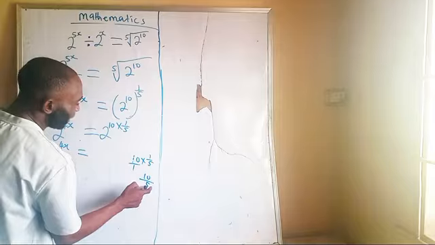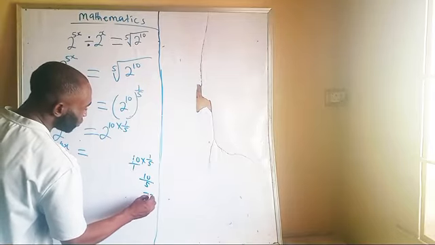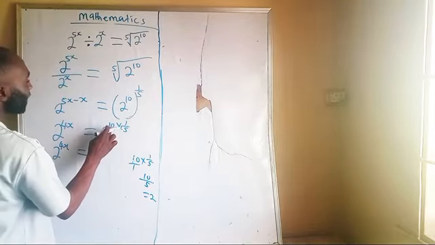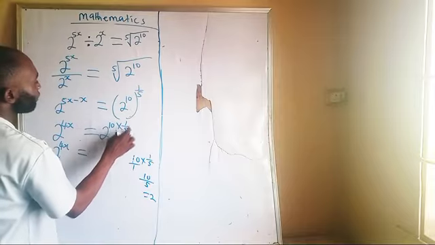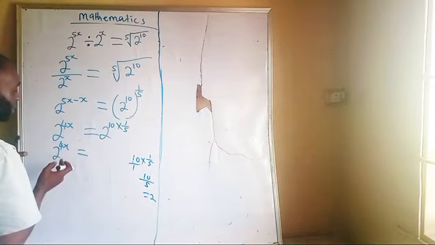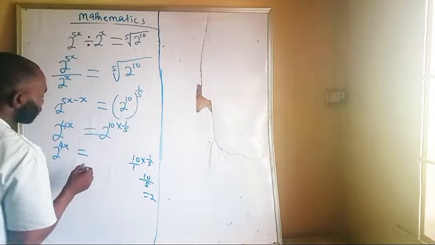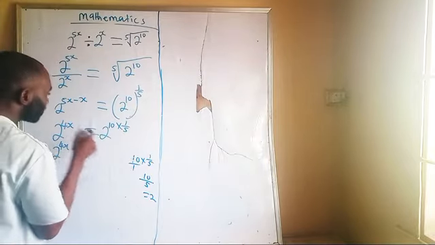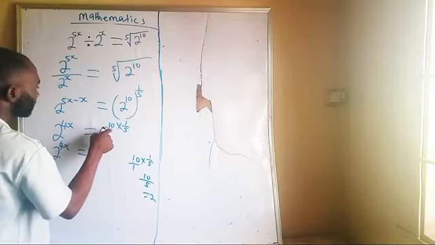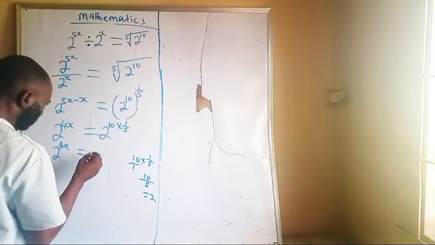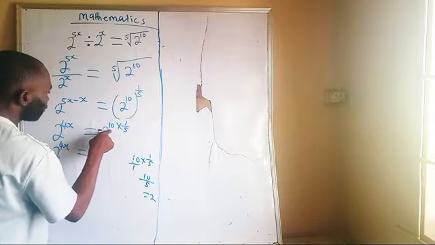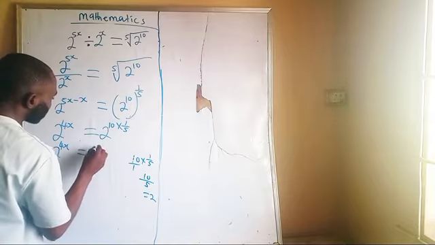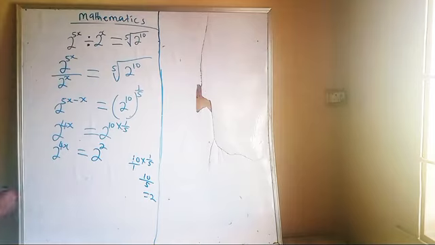So 10 divided by 5 will give you what? 2. Which means 10 times 1 all over 5 means you are taking a fifth of 10. That will give you 2. So that is 2 raised to the power of 2.